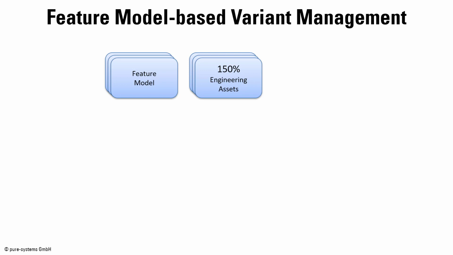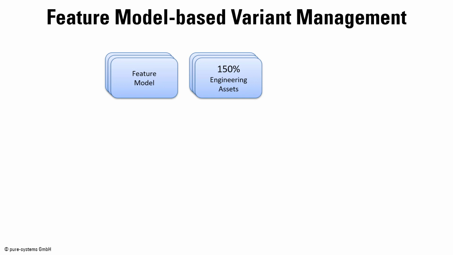Like a good feature in a feature model could be a functionality that's active in one variant but doesn't play a role in another variant. Or also the different markets you are developing your variants for could be modeled as features in a feature model, as the decision for a specific market has an impact on your solution assets and how they should look like. So maybe you have to follow different regulations and standards for different markets.